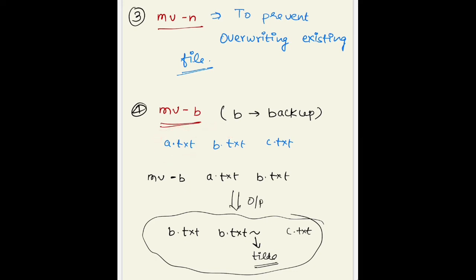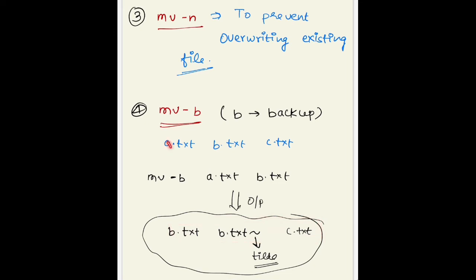If I use -b, it will create a backup of b.txt. So yes, you are overwriting b.txt with a.txt, but if you do ls there, you'll see this output.